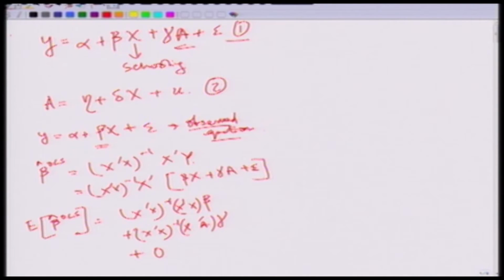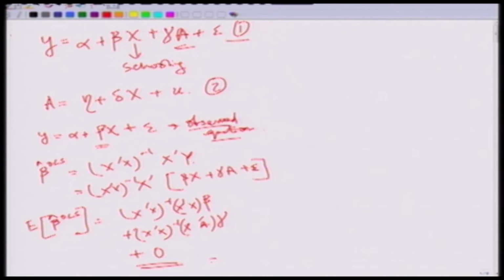But remember, in the true model, the mean independence assumption holds, and hence the covariance between X and ε is 0, and that is why we have a 0 over here. The expected value of ε given X is equal to 0.